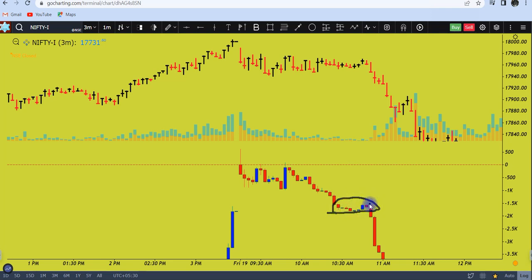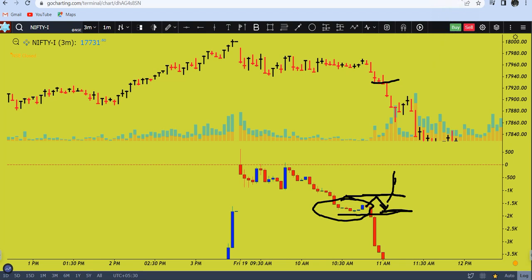What I would generally want is this cumulative delta going a little bit up, then another push down, and even though the prices are moving down, the delta stays here, and then a breakout. Then I would like to buy if the price was somewhere here.